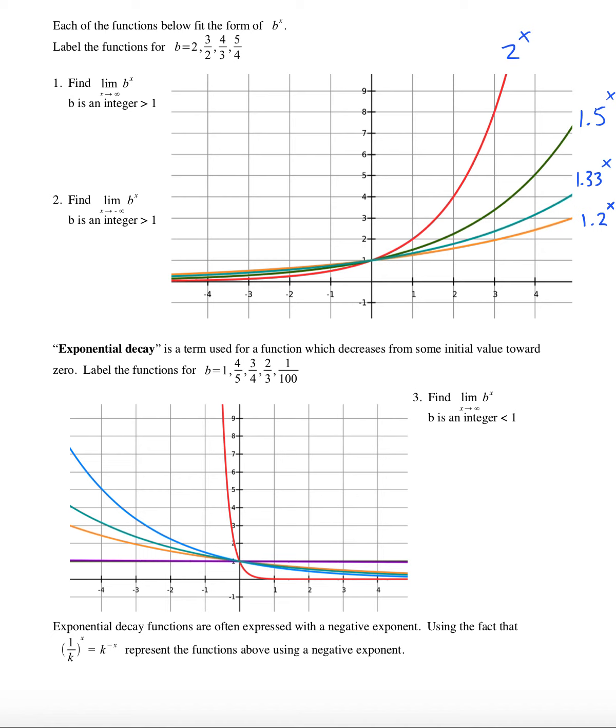Now, can we find what is called the limit of the function? The limit of b to the x as x approaches positive infinity, where b is greater than 1. So what is the height that these functions are actually growing to? Well, they're all growing to a height of infinity.